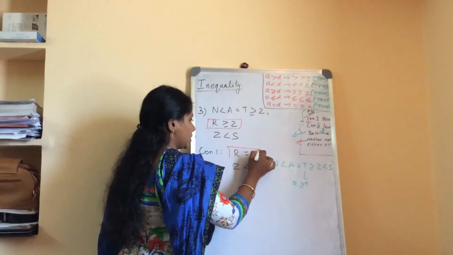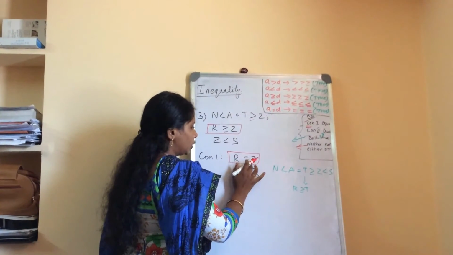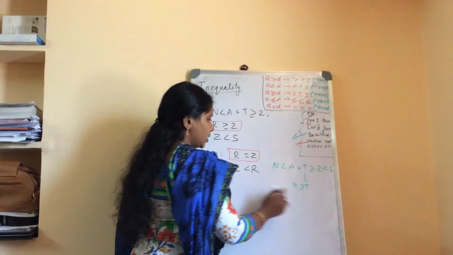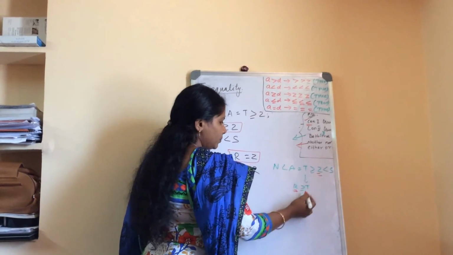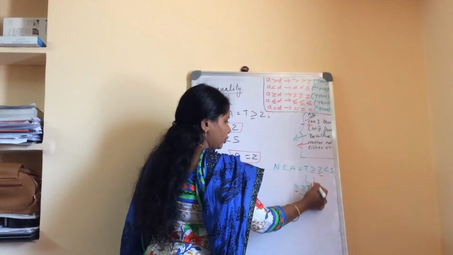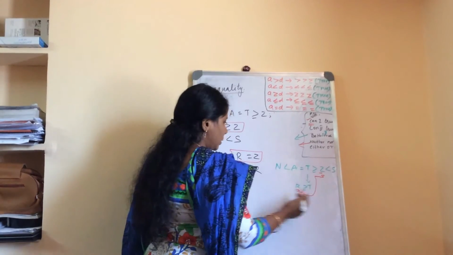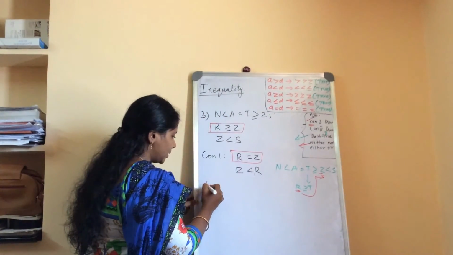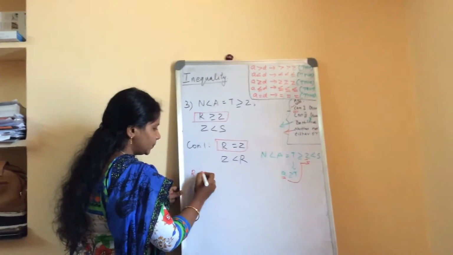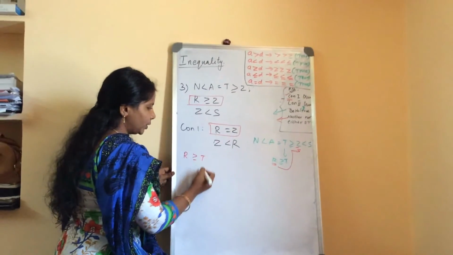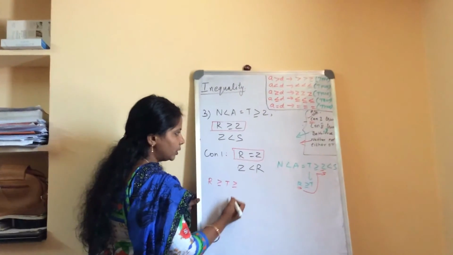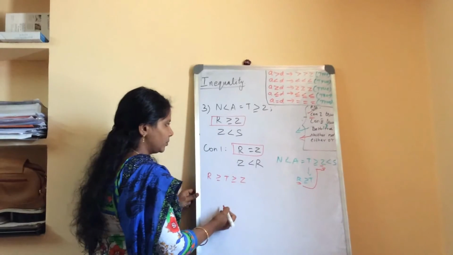Let's take this first conclusion. R equal to Z. R is here, Z is here. We need to go in a forward direction. Let's write the statement first. R greater than or equal to T, greater than or equal to Z. Okay.